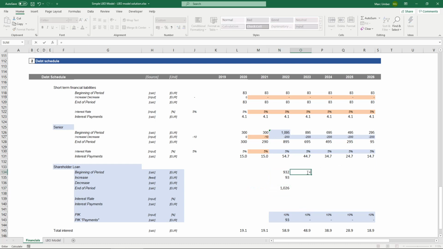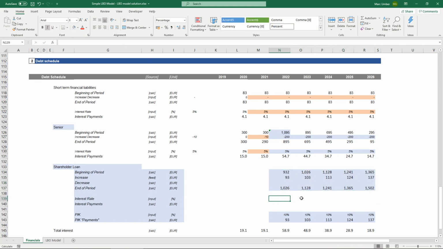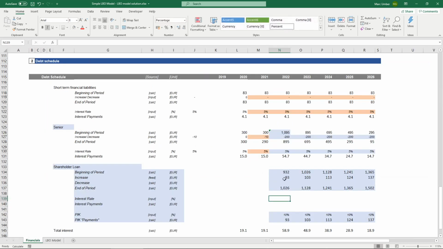And the end of the period value is also the beginning of the next period's value. And now we can simply use the formulas and autofill to the right. We have zero interest on any other debt.